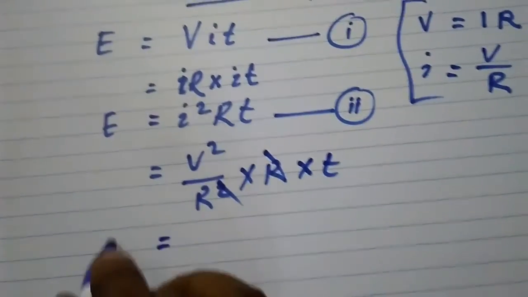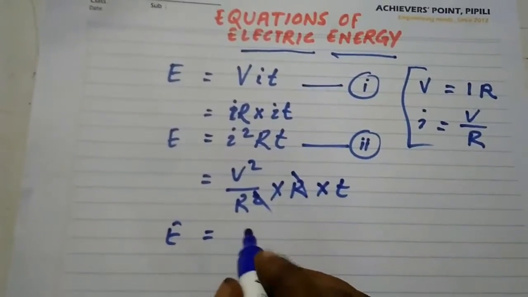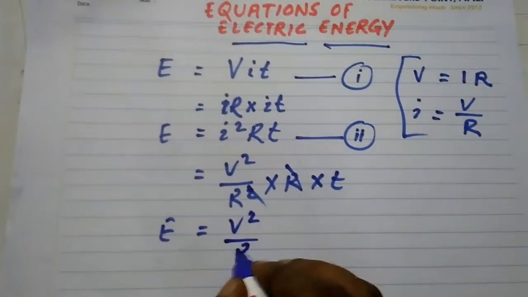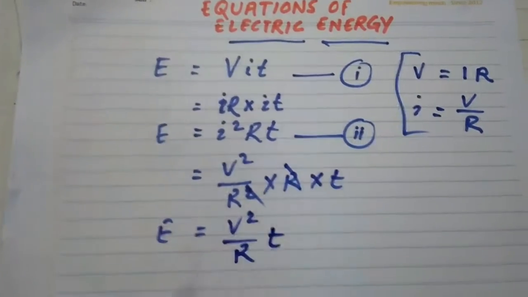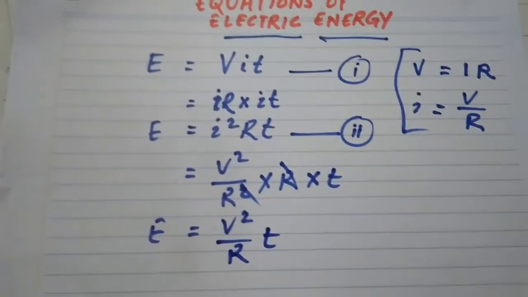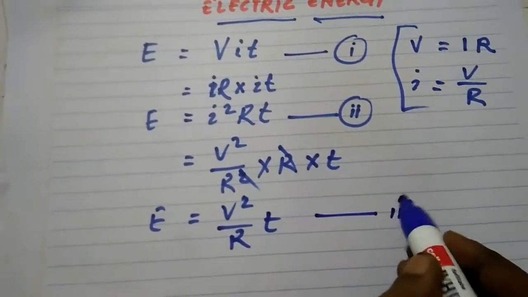We get electric energy E equals V square upon R into T. So this can be our third equation.